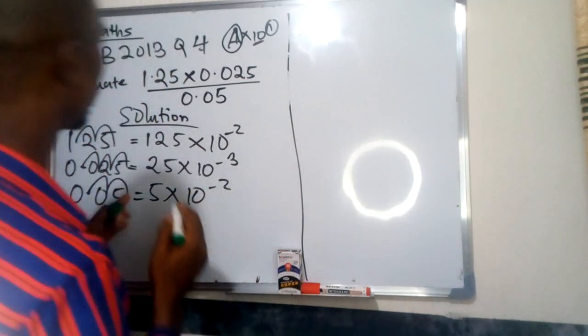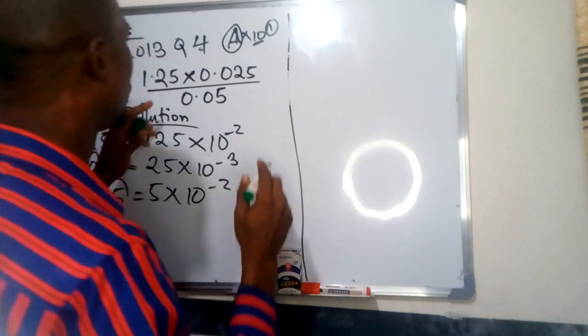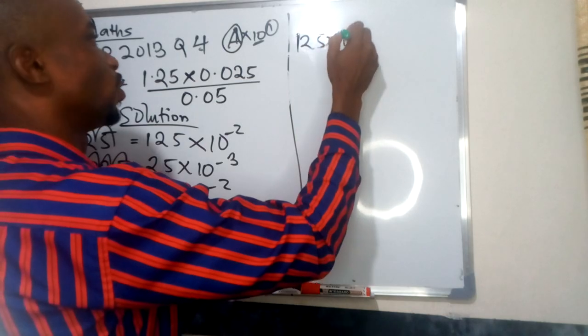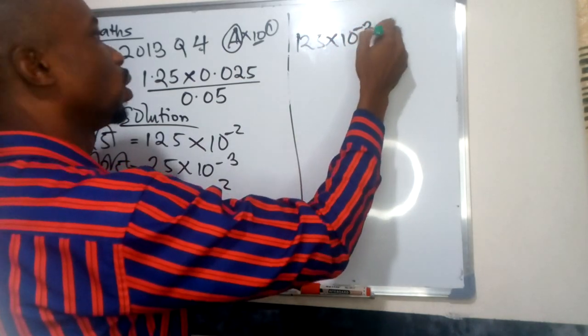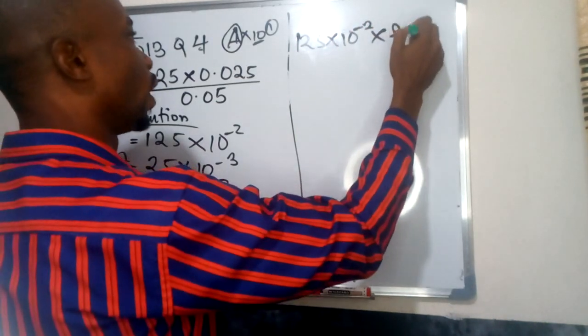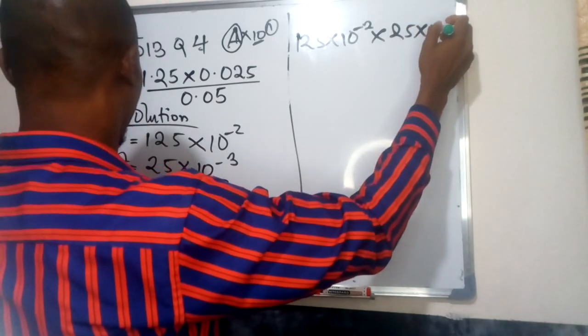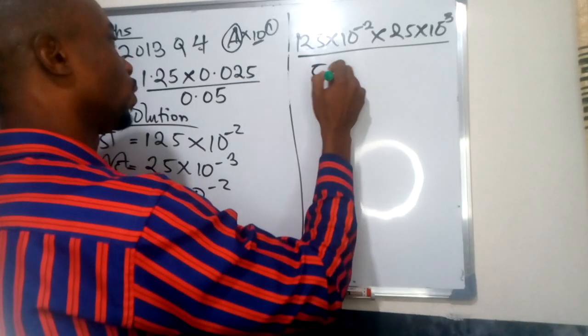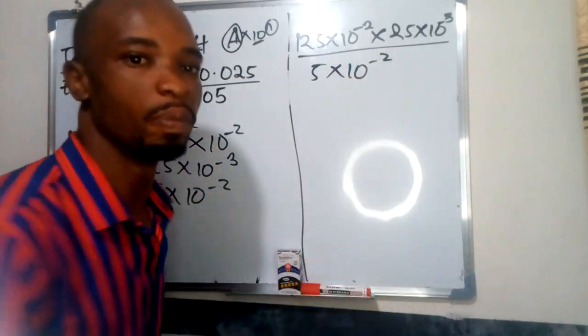Now let's put all these numbers back into the problem. So we have 125 times 10 raised to the power of minus 2 times 25 times 10 raised to the power of minus 3 divided by 5 times 10 raised to the power of minus 2.